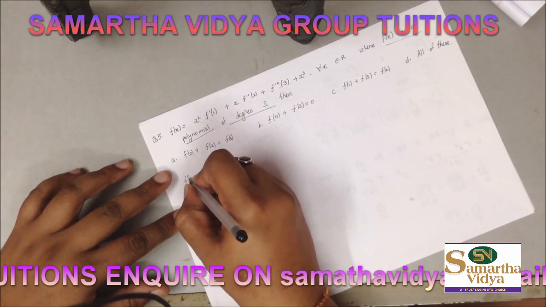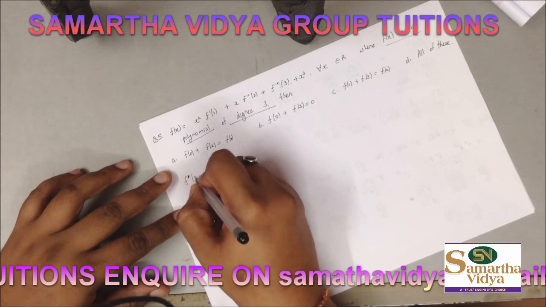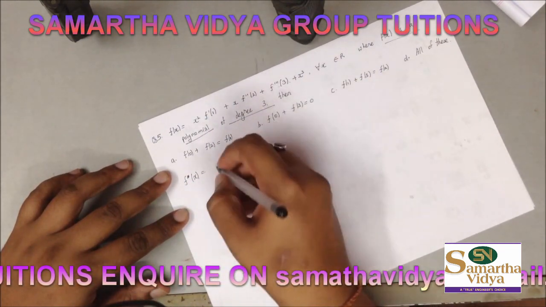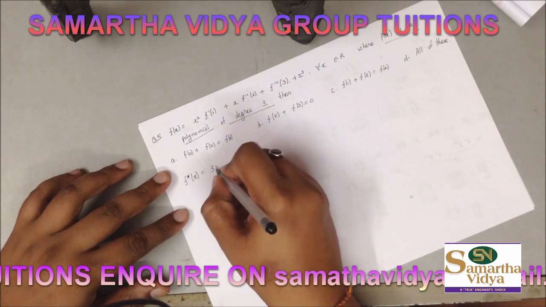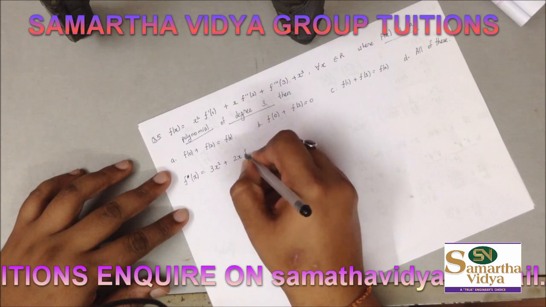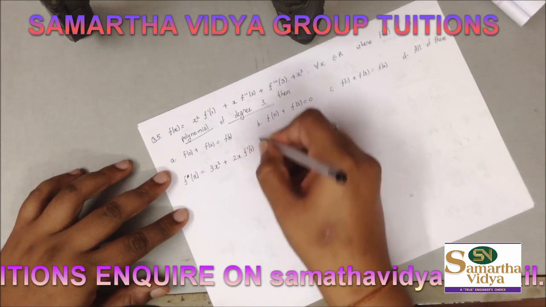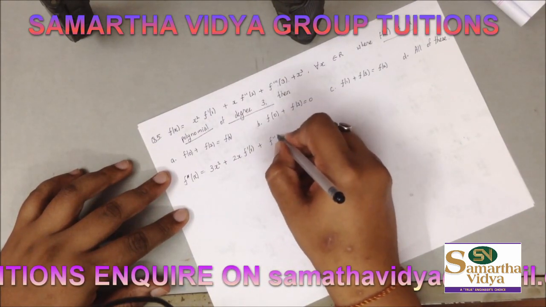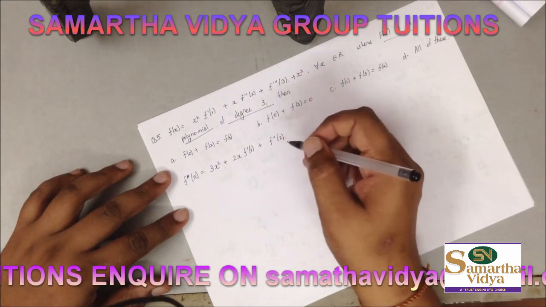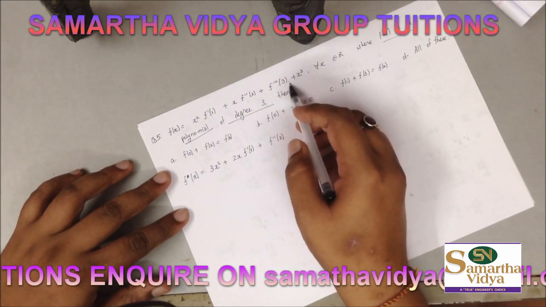Taking the first derivative, f dash of x is going to be, derivative of x cube first, which is 3x square. Derivative of this is 2x f dash of 1, plus derivative of this is f double dash, and derivative of this is 0 because it's a constant term.